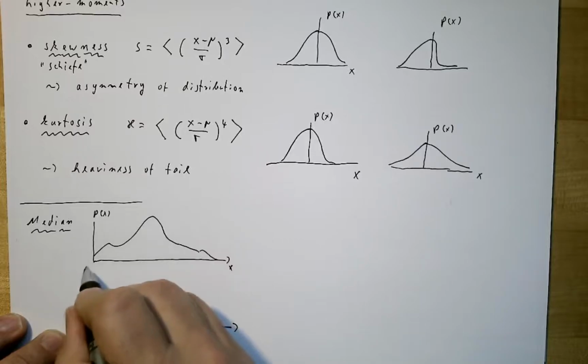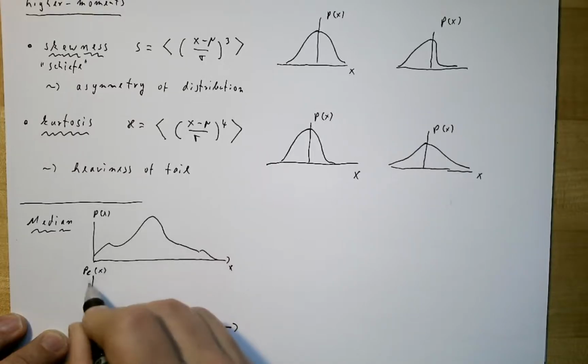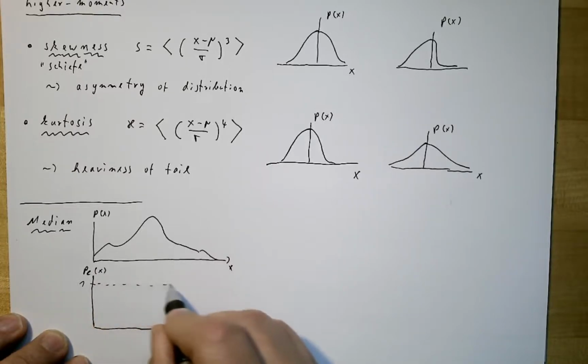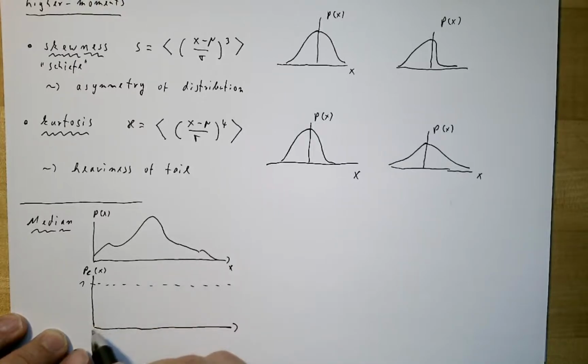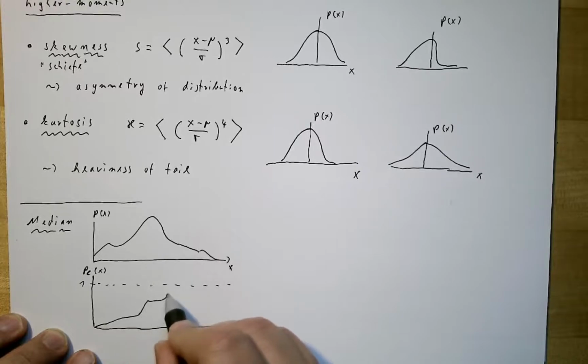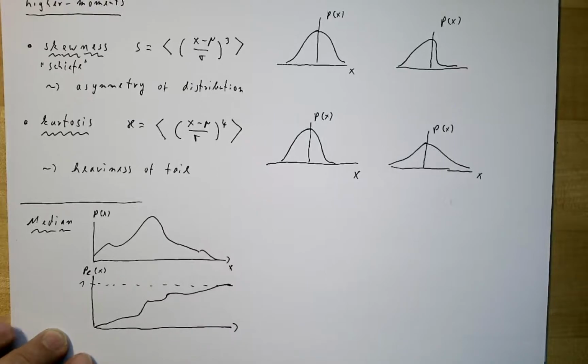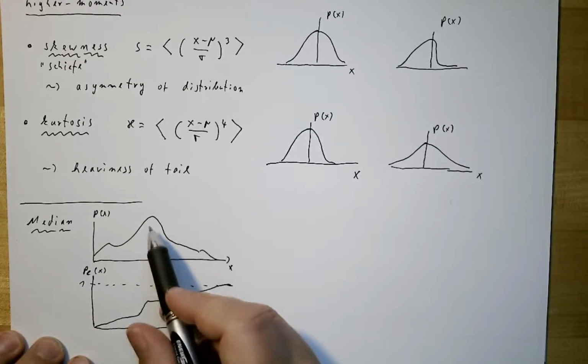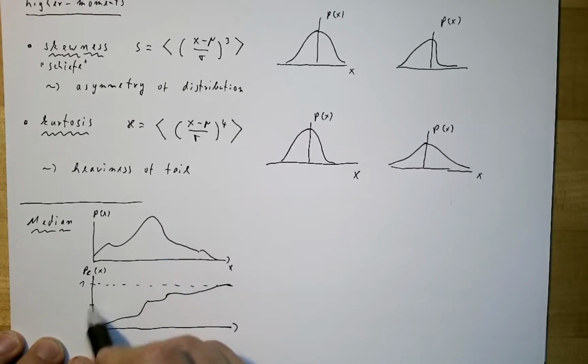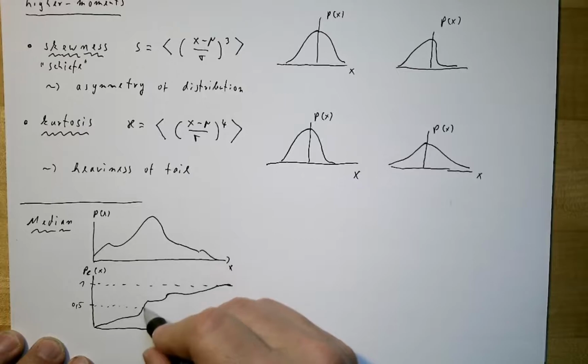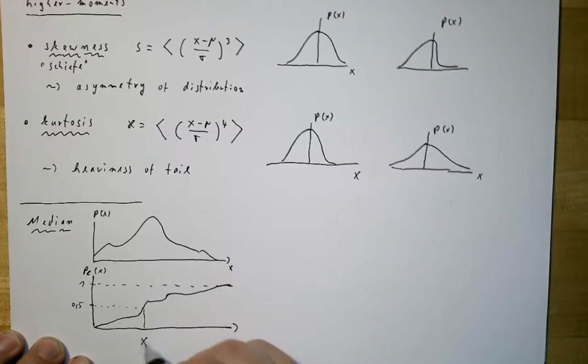So we take the cumulative distribution, which increases from 0 to 1. Let's see how this cumulative distribution approaches 1. And then we take the value where the cumulative distribution has just reached the middle, and say this value is the median.